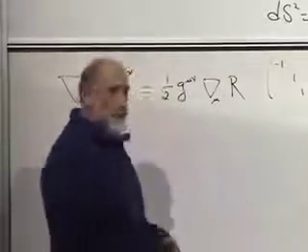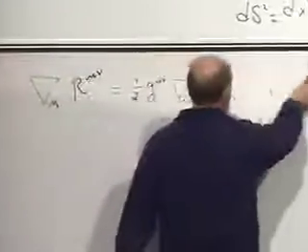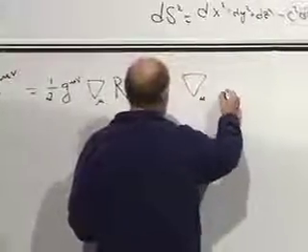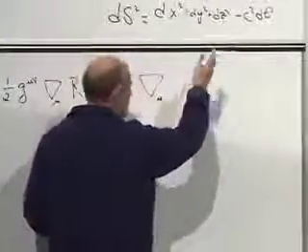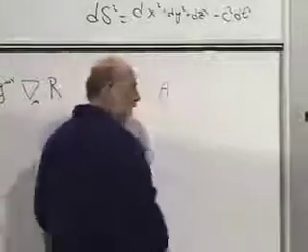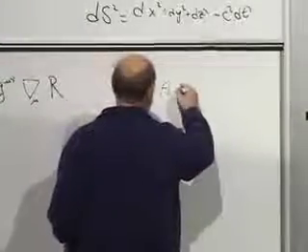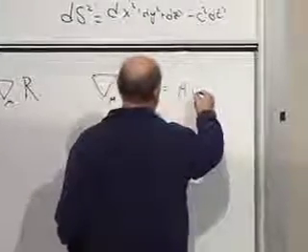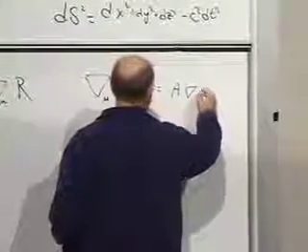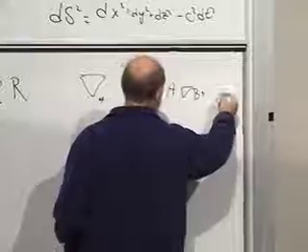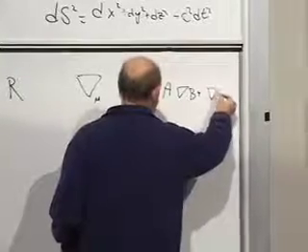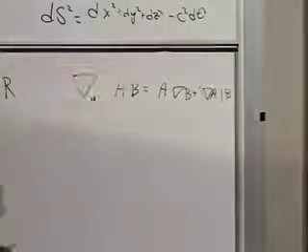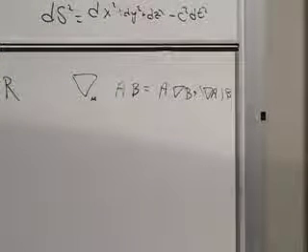Now, covariant derivatives are a little bit strange, but they satisfy the usual rules for the covariant derivative of a product of any tensors. I'm not even going to write indices for them. Any two tensors, A and B, satisfy the usual rules: A times the covariant derivative of B plus the covariant derivative of A times B. Covariant derivatives do have that property.